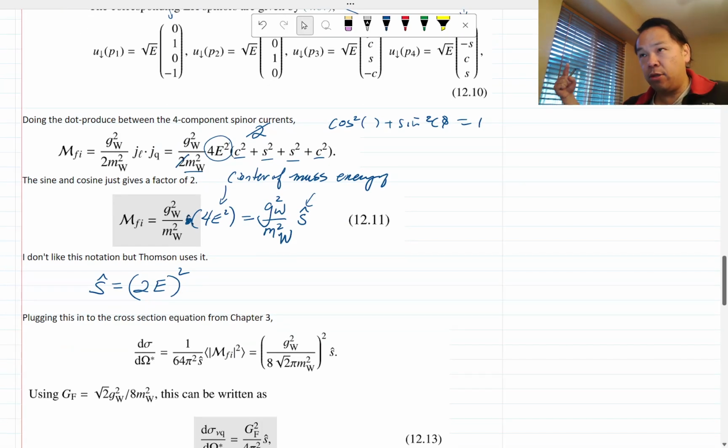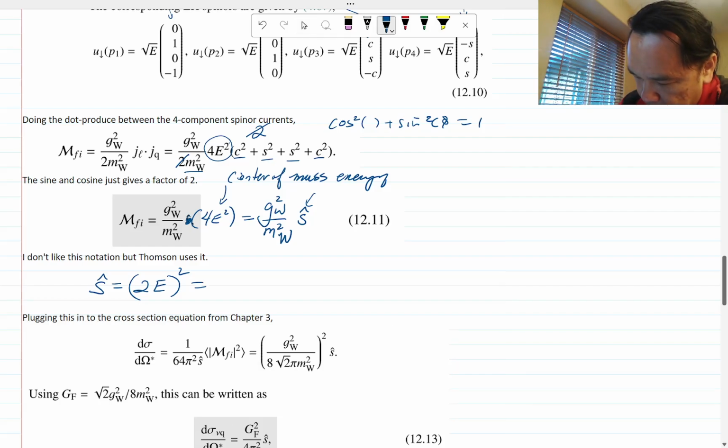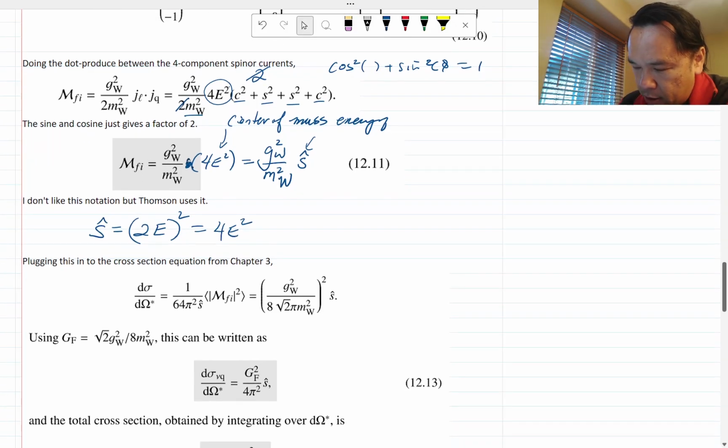Because you have two beams, a neutrino beam coming in and a quark beam coming in, each of them will carry an energy of E, and then when you smash them together, you get twice that, and then when you square it, you get 4E squared. Okay, so that's simple enough.